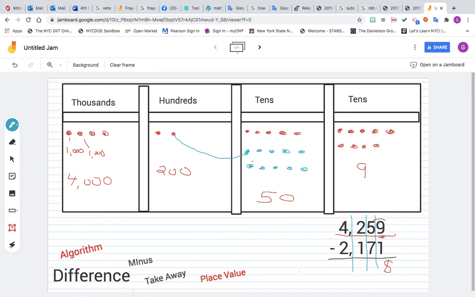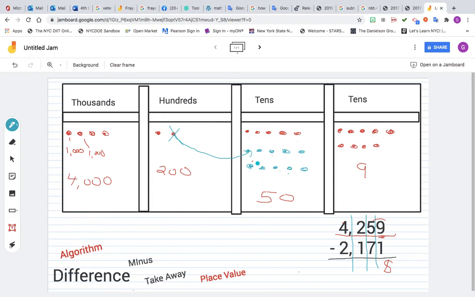Again, 10, 20, 30, 40, 50, 60, 70, 80, 90, 100. So I just borrowed from the hundreds place, and now these 10 dots equal 100. I'm going to put an X on there and an arrow over here to represent that I borrowed.